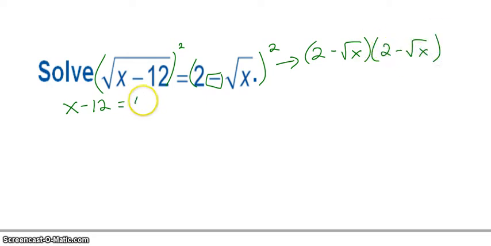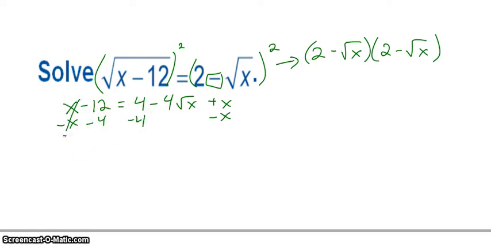So I've got 4 minus, when I multiply I'll get negative 2 root x, and then another negative 2 root x, so negative 4 root x, and then I'll end up with a positive x. Negative times a negative is a positive, and square root of x times square root of x is x. Now I'm going to isolate my radical again, moving everything I possibly can over to my other side.